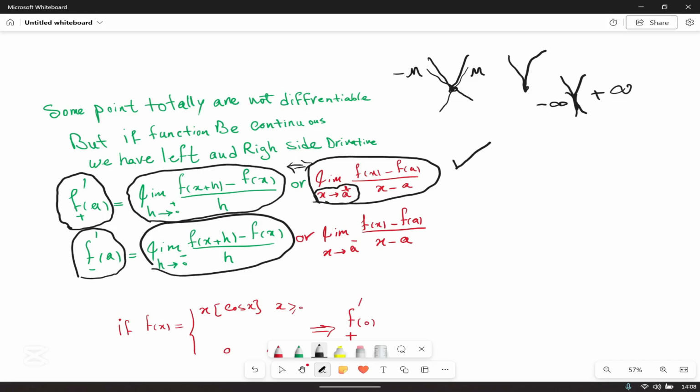I prefer to write any question with this one, and they have no difference. Or on the left side, the derivative of the function is the limit of f(x plus h) minus f(x) divided by h when h goes to negative 0, or the limit of f(x) minus f(a) divided by x minus a when x goes to negative a.